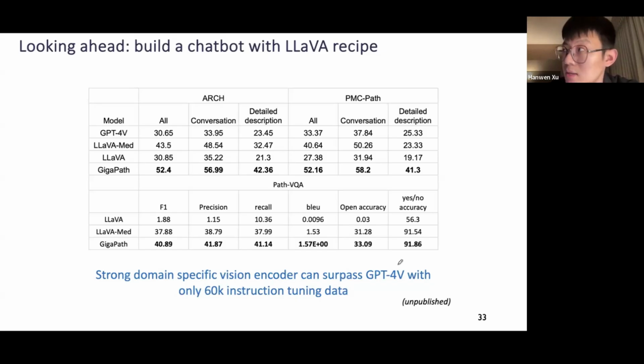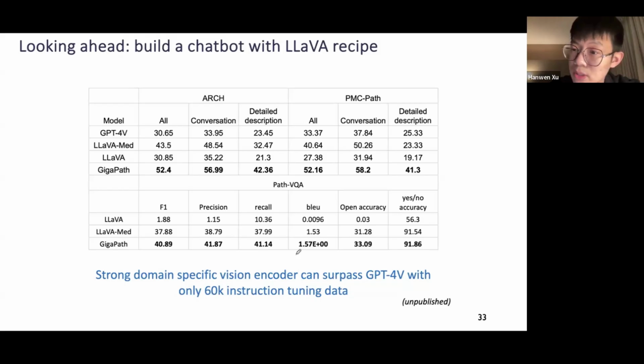This is another hint for us, because in the medical domain, paired data or instruction tuning data is very challenging to have. So even if we don't have very large-scale instruction tuning data, we can still keep improving the quality of the vision encoder, and that can still give us a very good performance improvement on the VQA tasks. So that's some early hint I would like to share here.